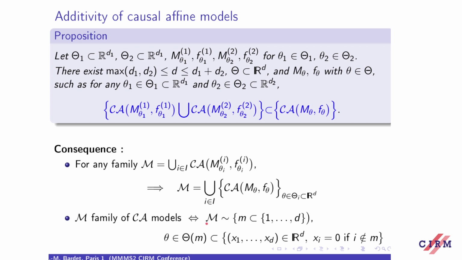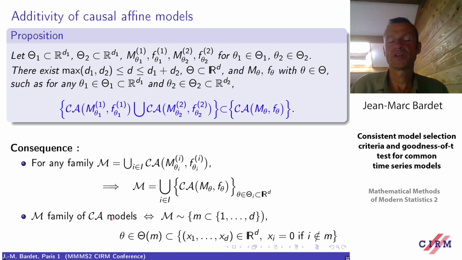And so we could replace any family of models by a family of subsets of the set 1 to d, if we assume here that theta is a vector of R^d.